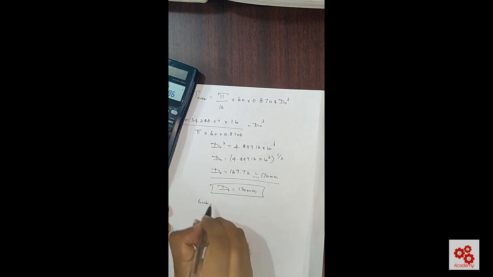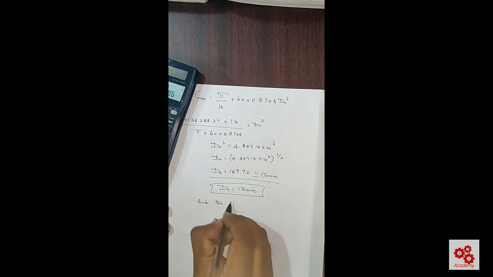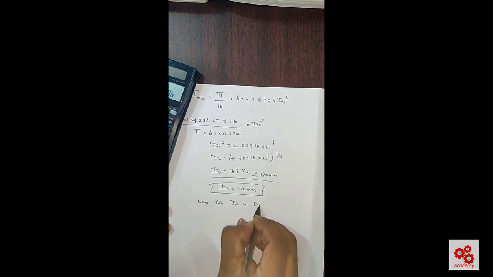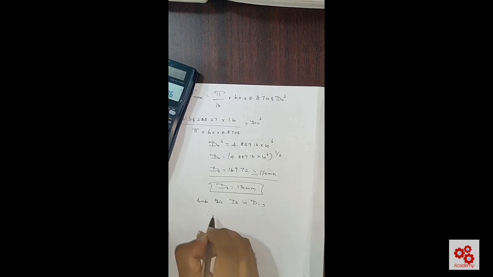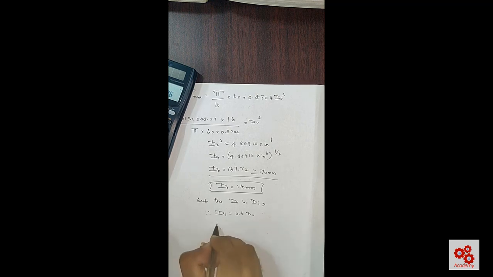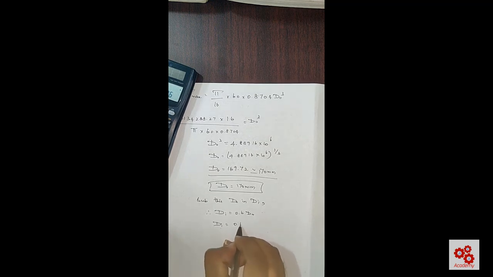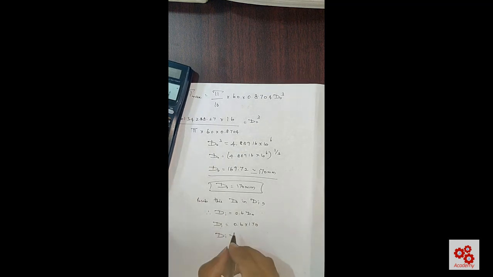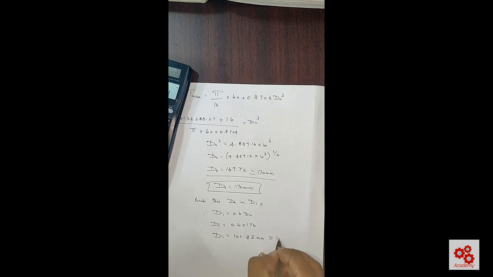Substituting this d naught in di, di equal to 0.6 d naught, which is 0.6 into 170, that means di equal to 101.83 mm, which implies 102 mm.